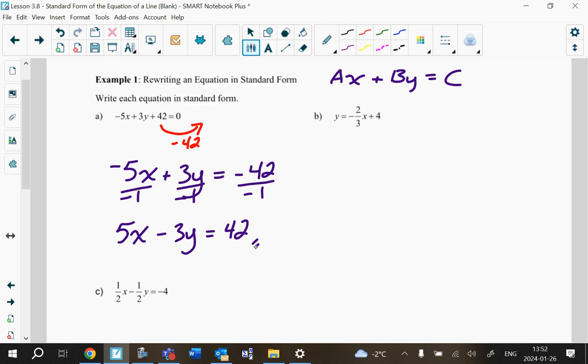Okay. What's wrong with this one? Fraction. First thing I want to do is get rid of the fraction by multiplying every term by 3, because that's the denominator. So I get 3y equals, times 3, divide 3, cancel each other out, and I'm left with negative 2x plus 12.